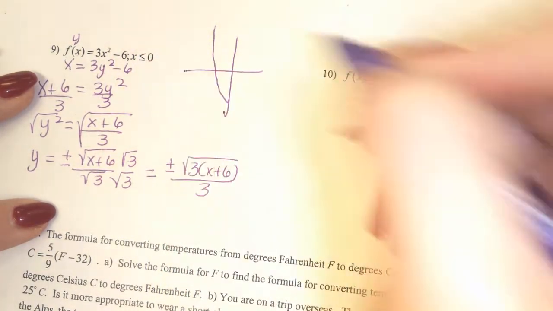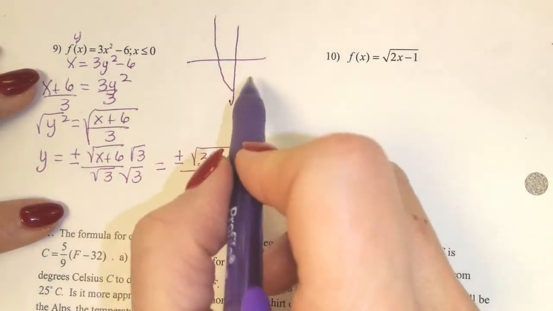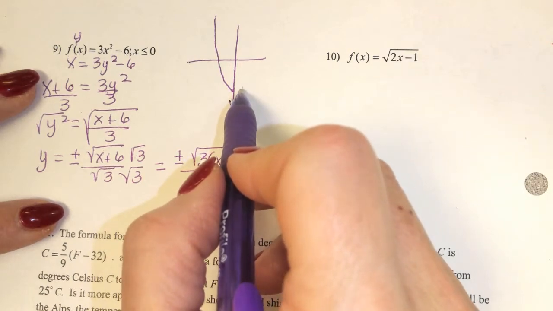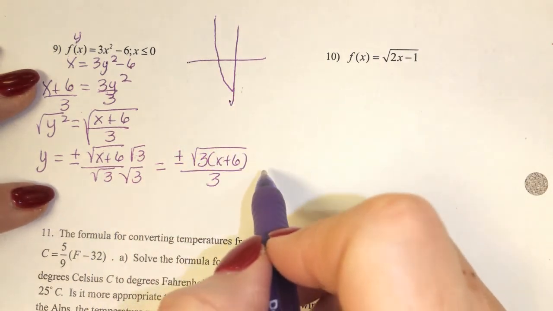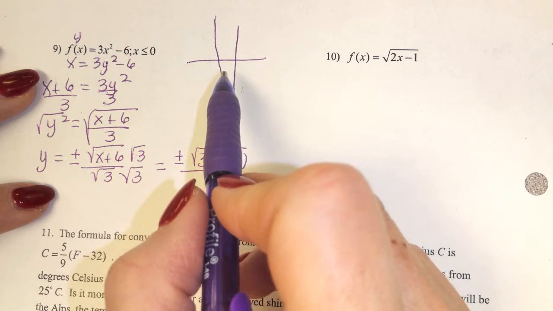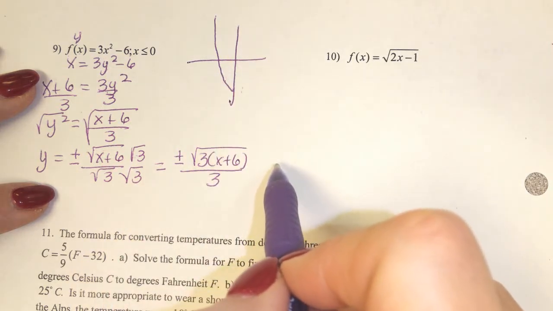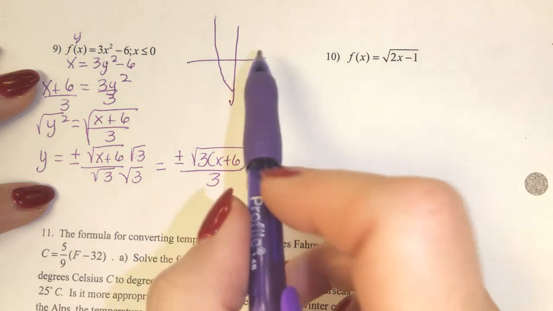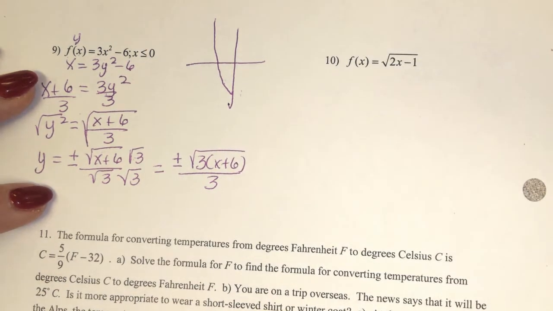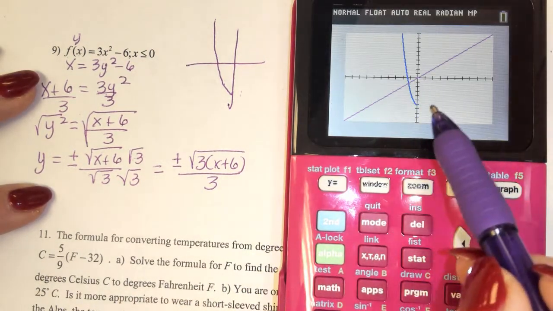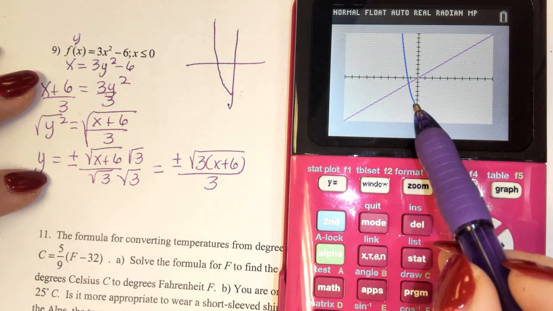Here's the way that original function looked. Whatever the range is of this has to be the domain of this. And whatever the range is of this has to be the domain of this one. So what is the range on this function?